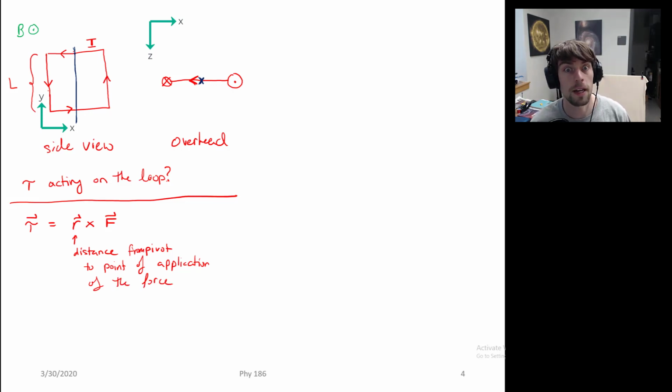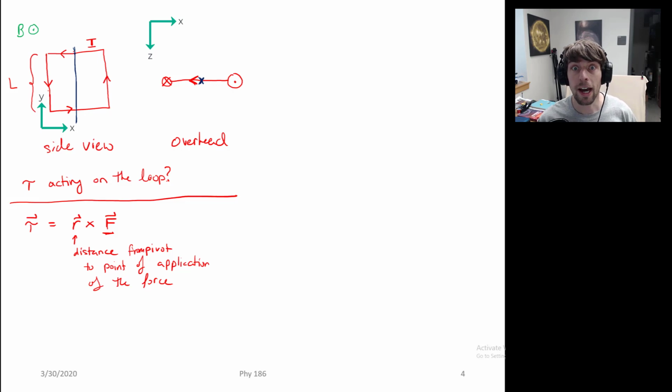Okay. Now, what's responsible for the force in this situation? The magnetic field. So this would be the force of the magnetic field acting on the wire.